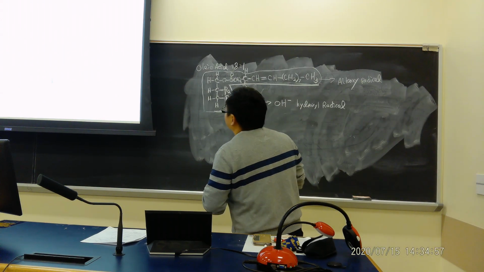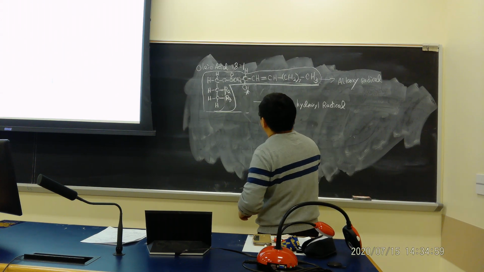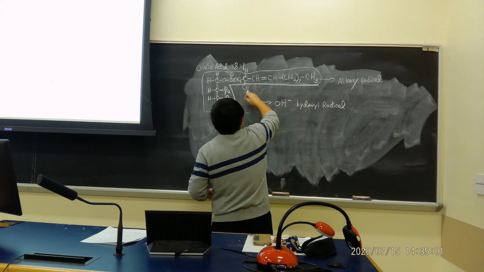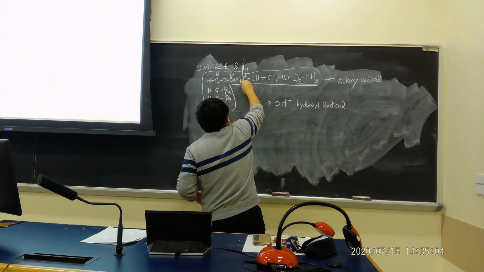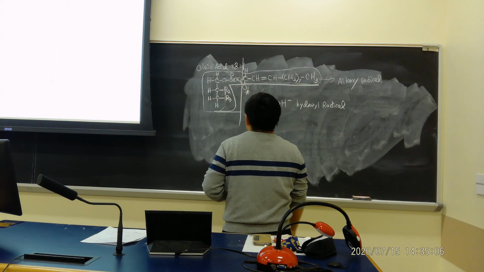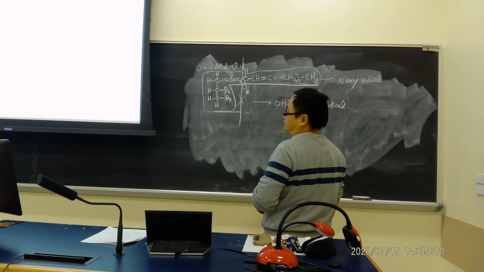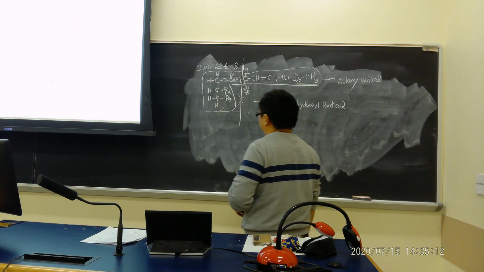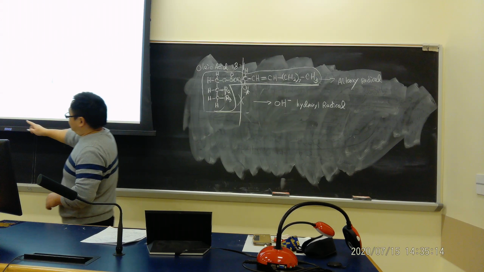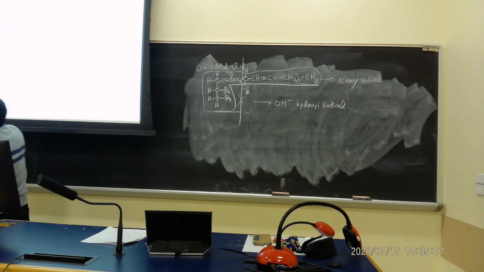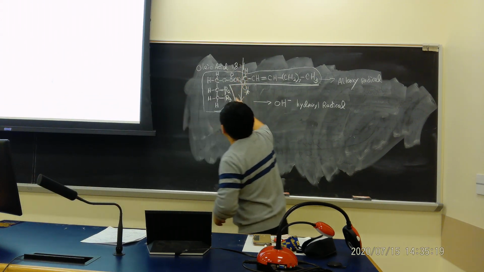Now, what's going to happen? They're going to start to be cut. Then directly cut it from here. This is called homolytic scission. Homolytic scission. You cut it from there. They cut it from here.